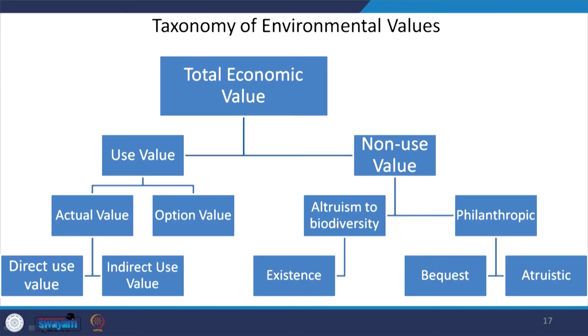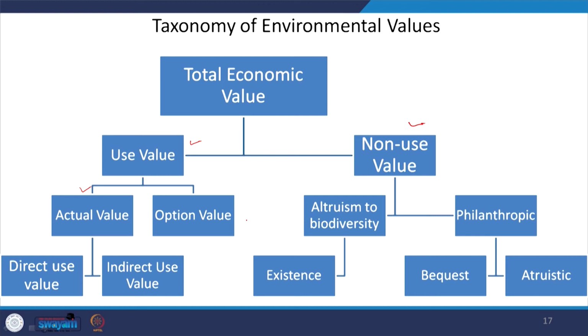So, now let us understand the concept of total economic value. What is total economic value? Obviously, it is the summation of all the economic values, right. It is categorized into use values and non-use values. And again this use value is divided into two parts, one is actual use and the second one is option use.